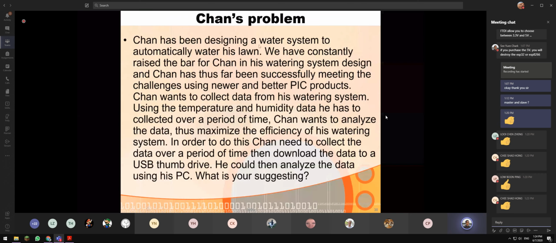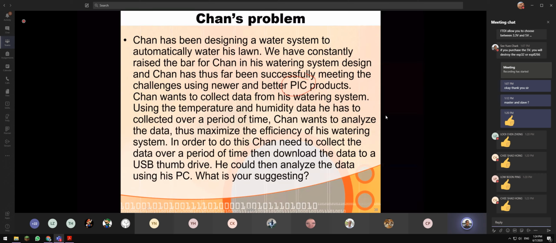Chan has been designing a water system to automatically water his lawn. We have constantly raised the bar for Chan in his watering system, and Chan has thus far been successfully meeting the challenges using newer and better PIC products. He already identified he wants to use a PIC product, meaning a Microchip product.